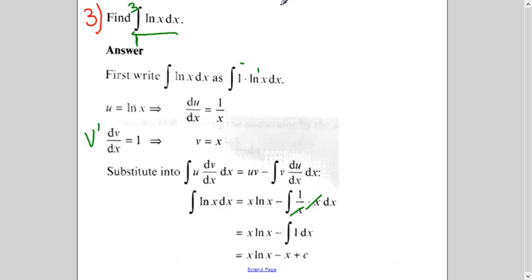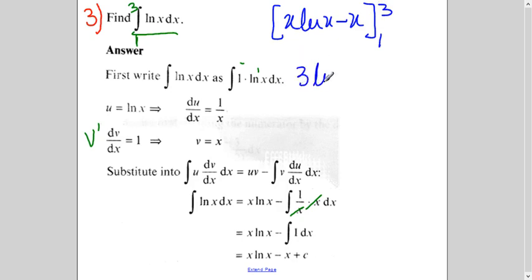So this one will become x ln x minus x. Remember, you will not write c now, because when you have limits, you don't write c. So upper limit minus lower limit.